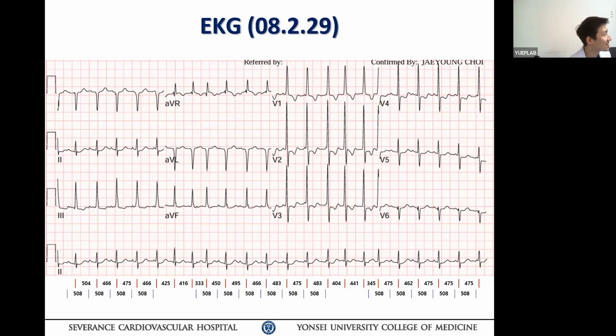Short answer. Okay, also I can take regular rates, right ventricular hypertrophy, and AV dissociation. We can look at this: the QRS complex is not constant, and the PP intervals are constant.